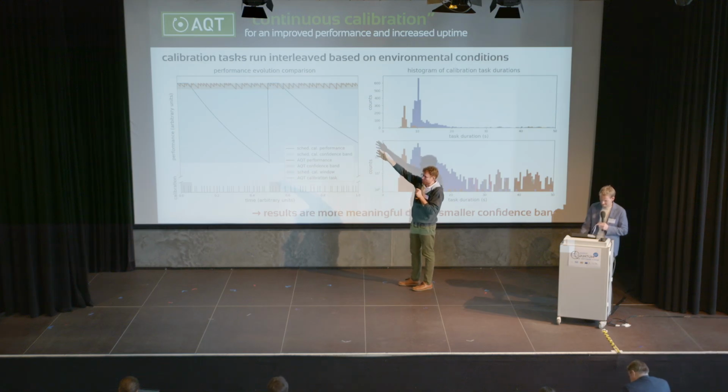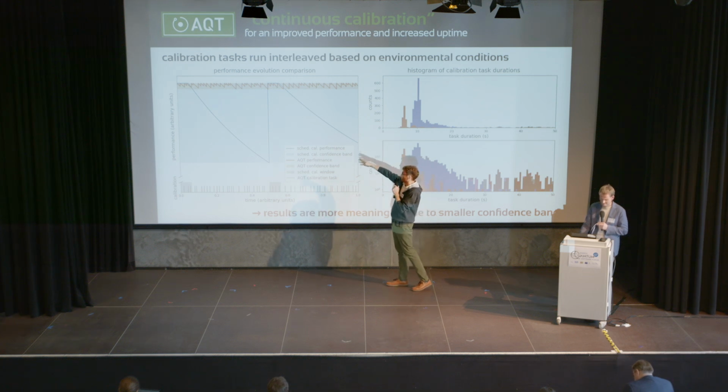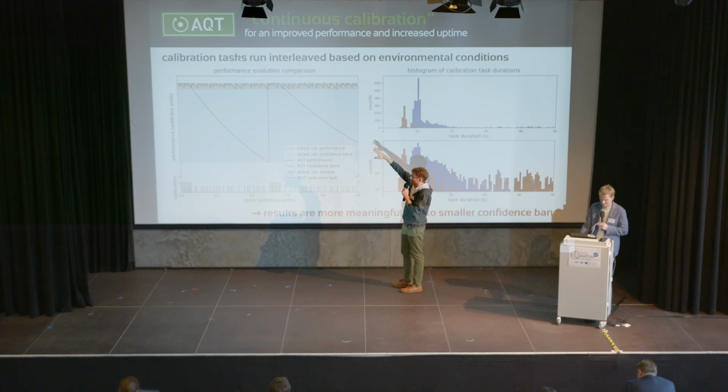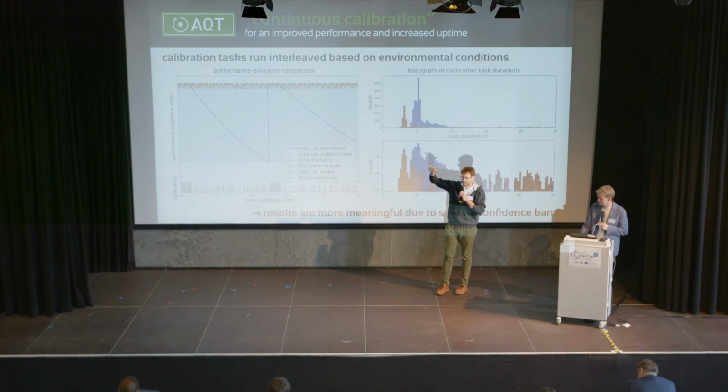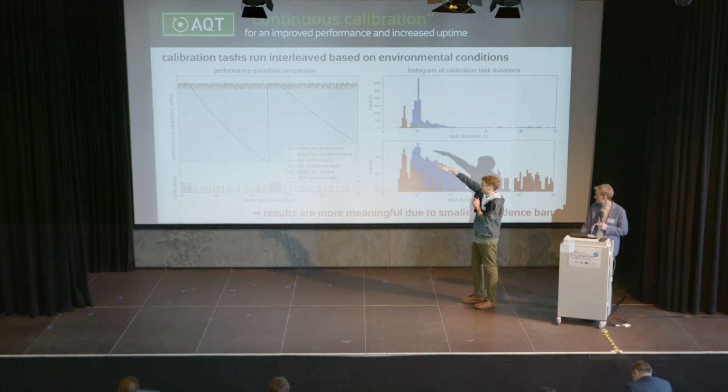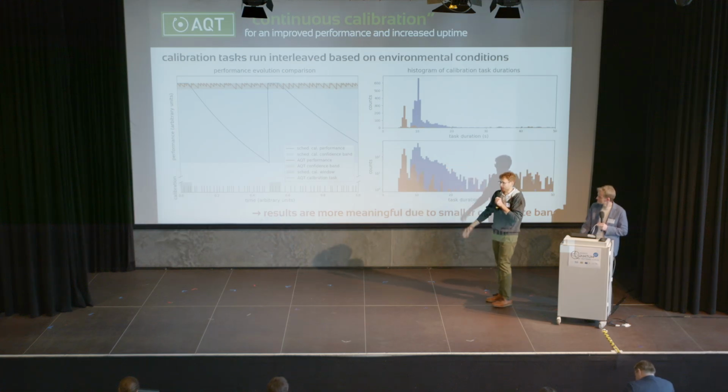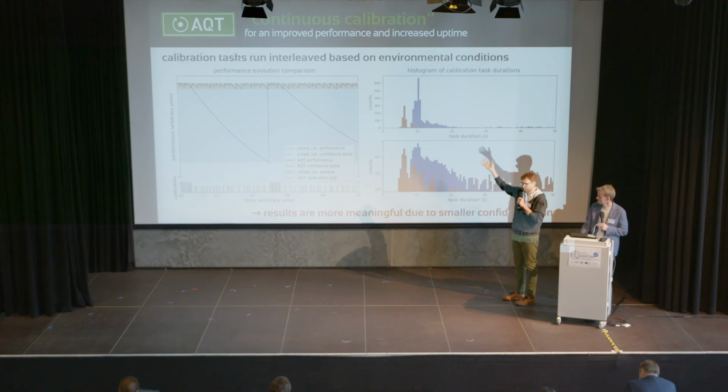And then the performance might degrade over time after the calibration until the next one happens, and then it's good again. But in our case, we do continuous interleaved calibration tasks, such that we stay at a high level of performance. The calibration tasks are triggered by environmental conditions, but also by time, of course.